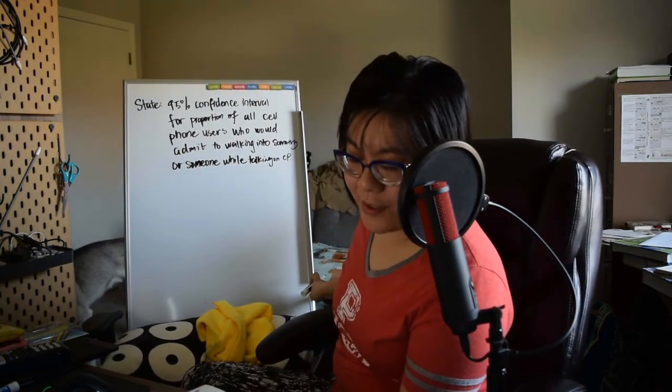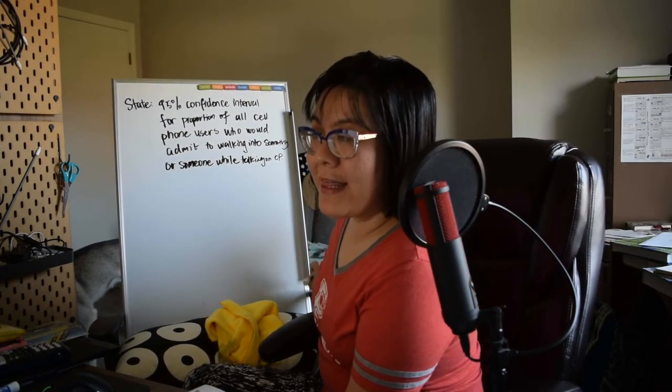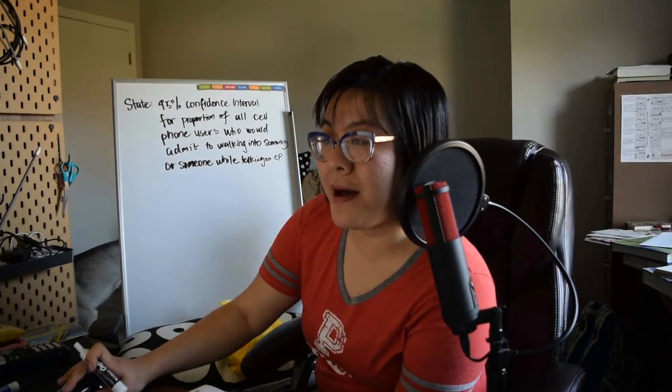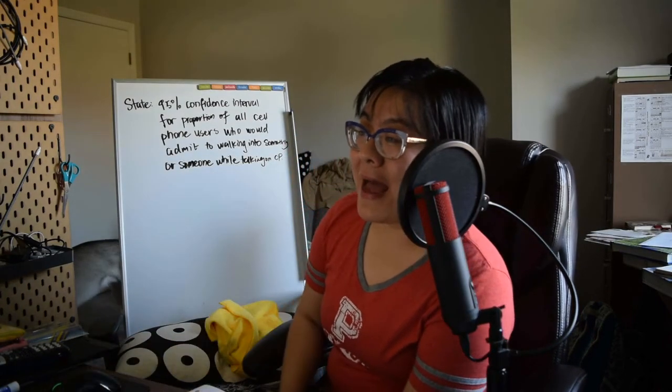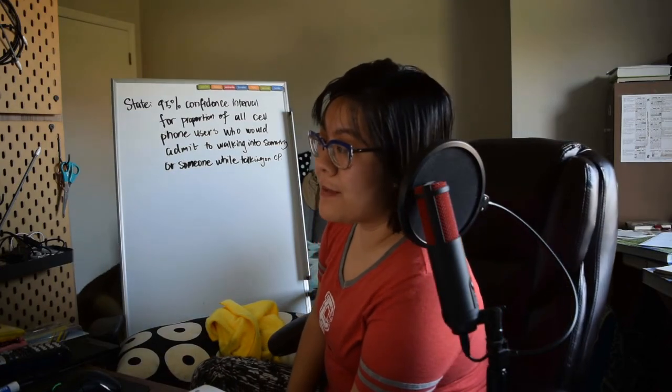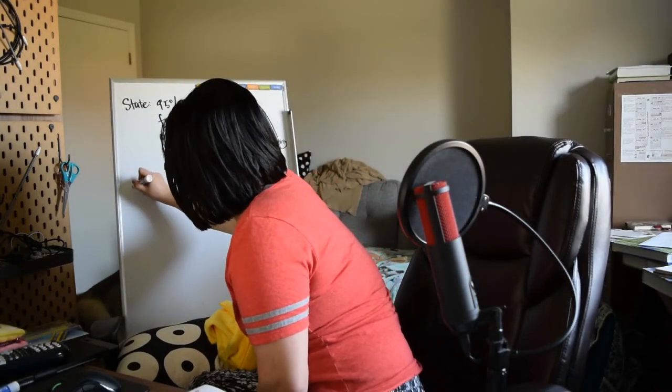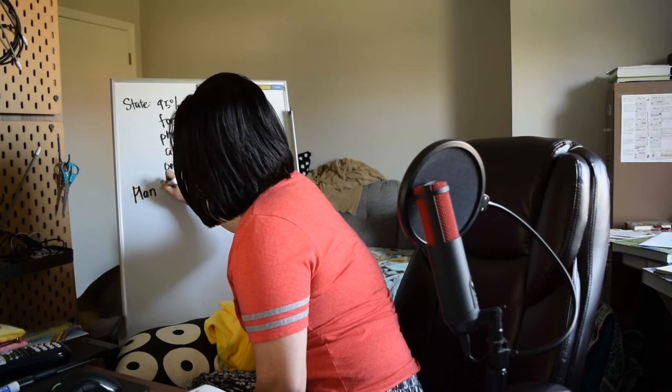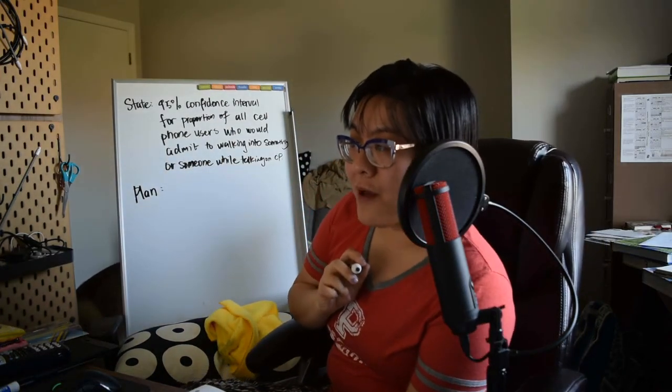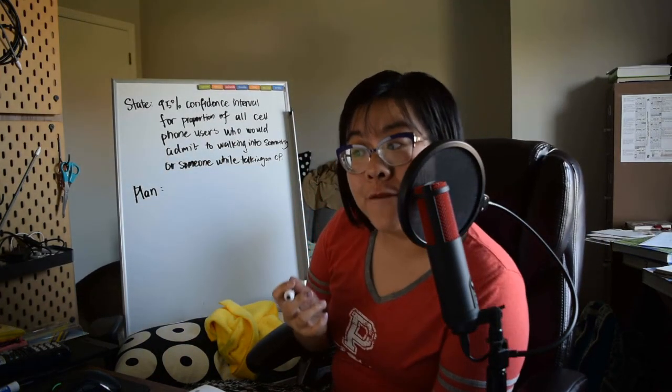You're gonna state whatever you are looking for, and then you need to make your plan. Your plan is basically you're gonna identify the appropriate inference method and check for conditions. So over here, your plan will be what inference you want to use.